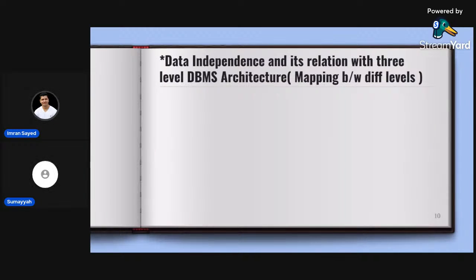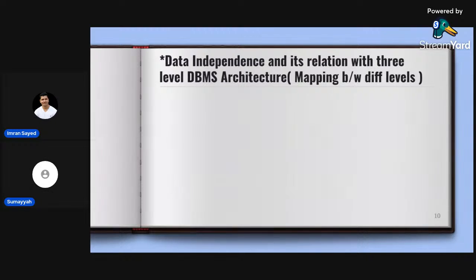Now let's talk about the two types of data independence: physical data independence and logical data independence. Physical data independence is between the conceptual level and the physical level. Any change in the physical level, like in the storage of the database, should not affect the conceptual level.